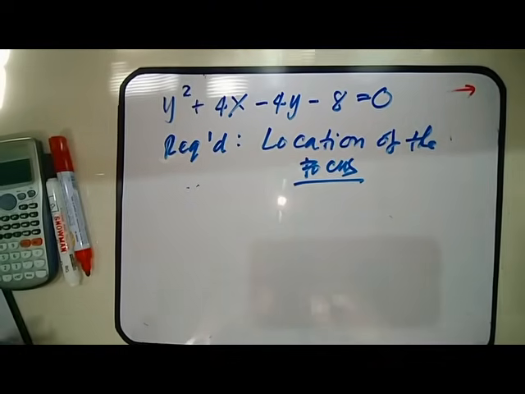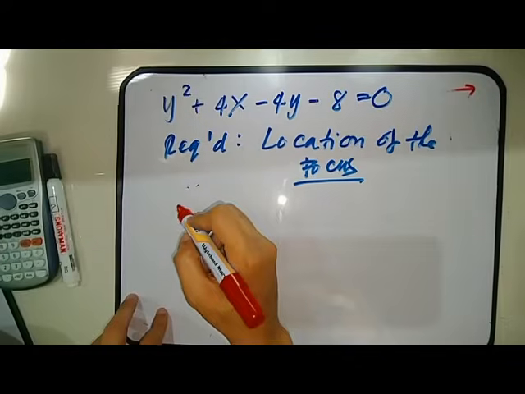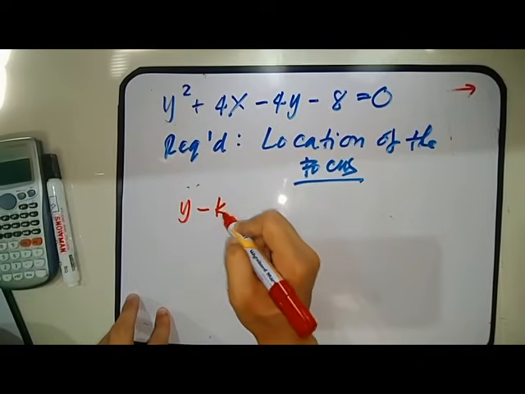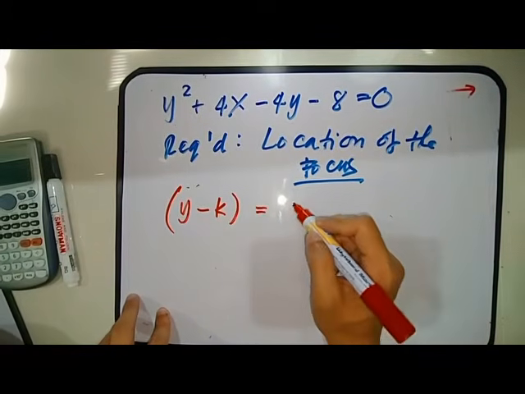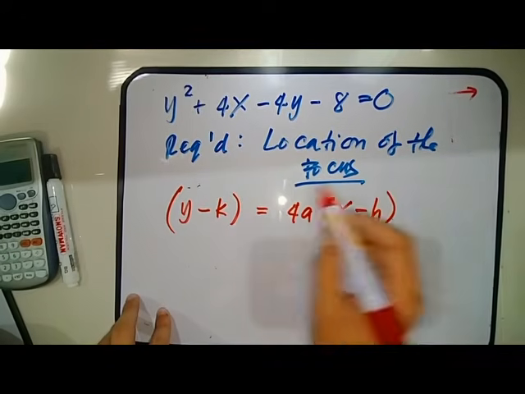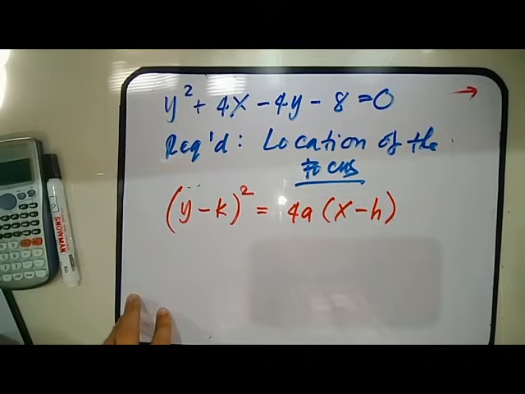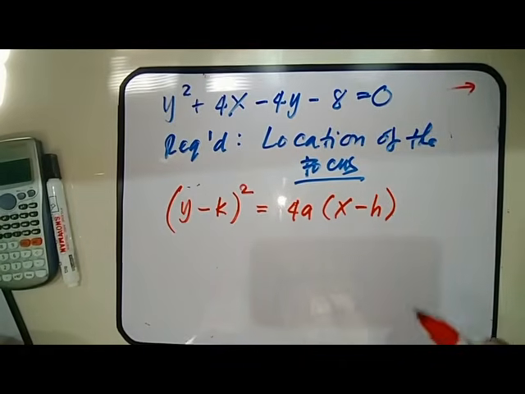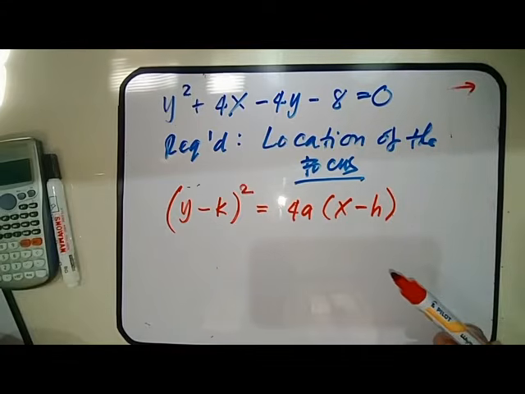So, gagawin muna natin siyang in the form, you have y minus k squared is equal to 4a times x minus h. So, ito yung naka-squared. Diba? So, i-complete square natin siya, guys. So, hanggat hindi pa natin nakukuha yung vertex, we cannot actually draw the figure kasi hindi pa natin alam kung ano yung mga points na ipaplots natin.